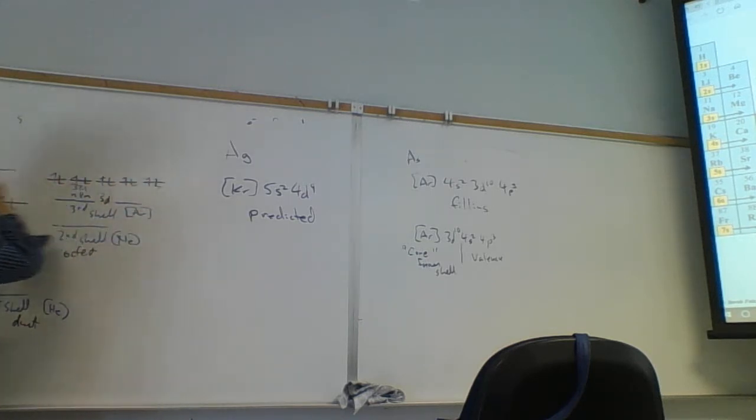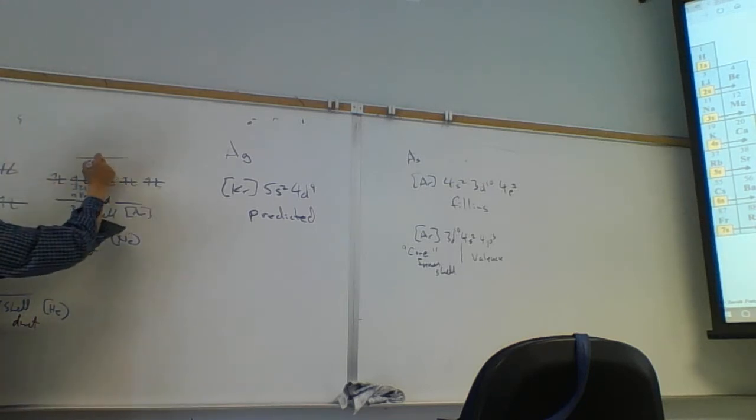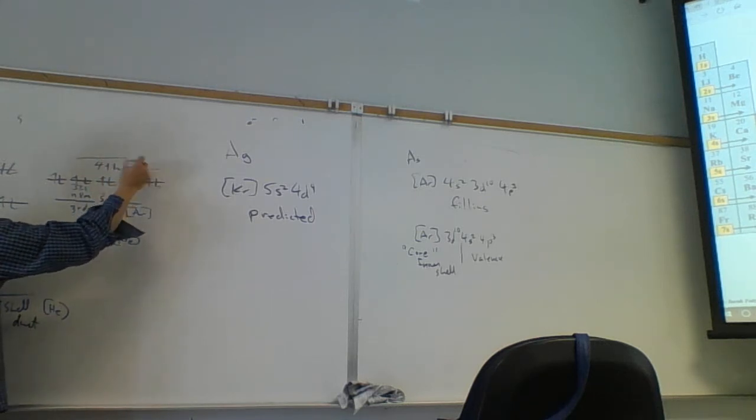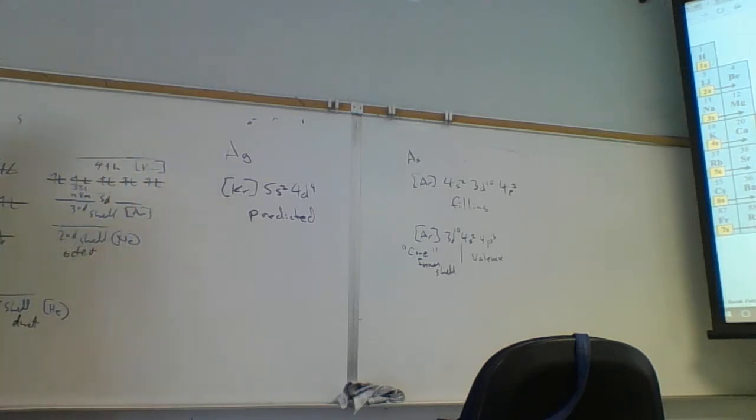All right, so this is the 4th shell. The 1st shell, 2nd shell, 3rd shell, 4th shell, we'll fill it. The 4th shell is going to take us to krypton. And so now we've got to start working on the 5th shell. The 5th shell is going to begin with 5s.